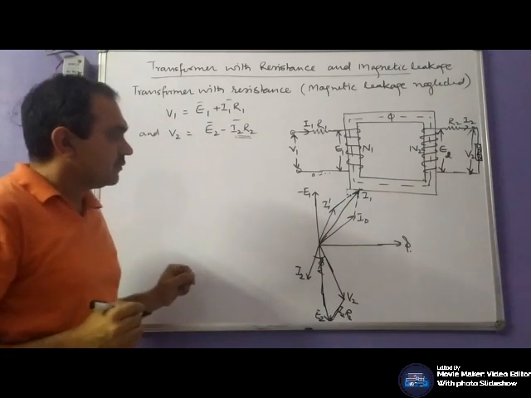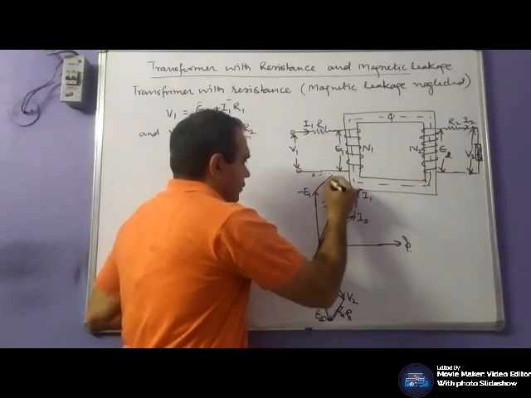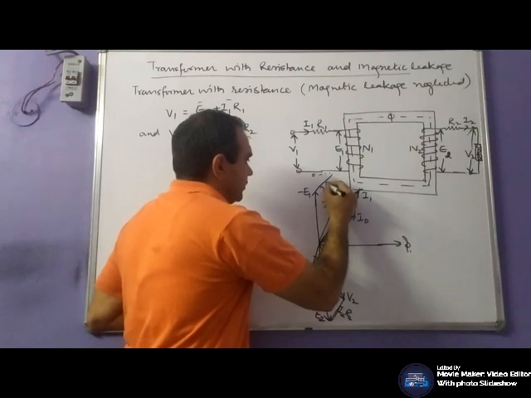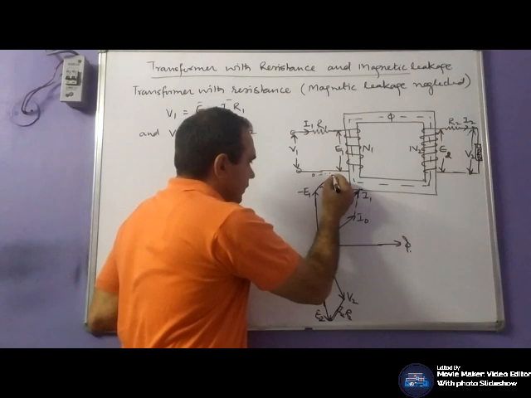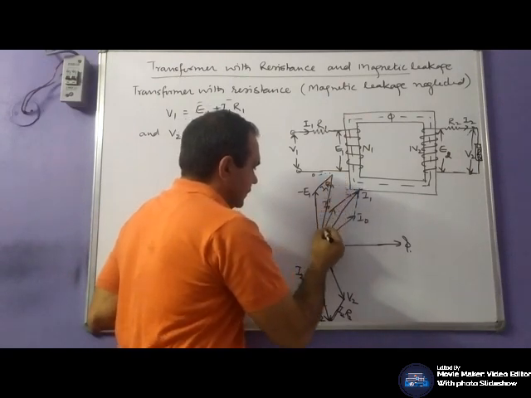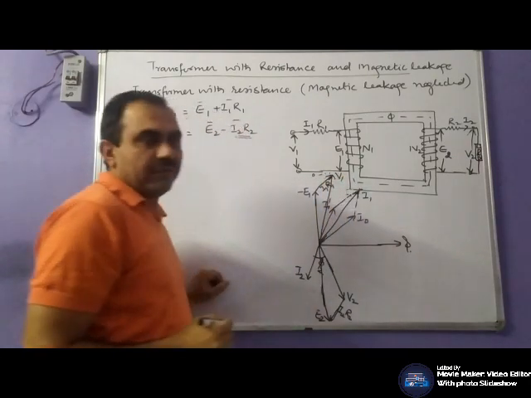Now V1: the drop across this resistance, let it be denoted by I1 R1, and this will be V1.